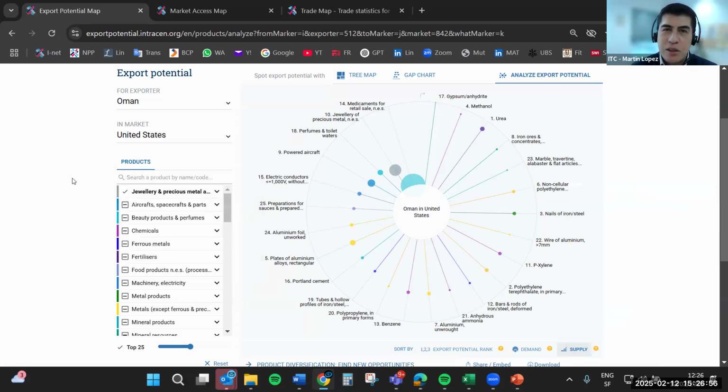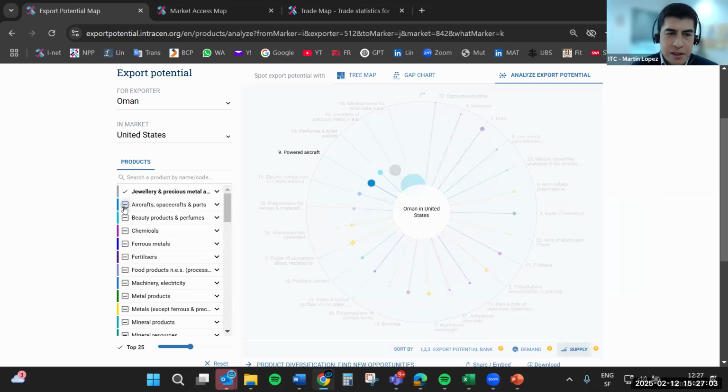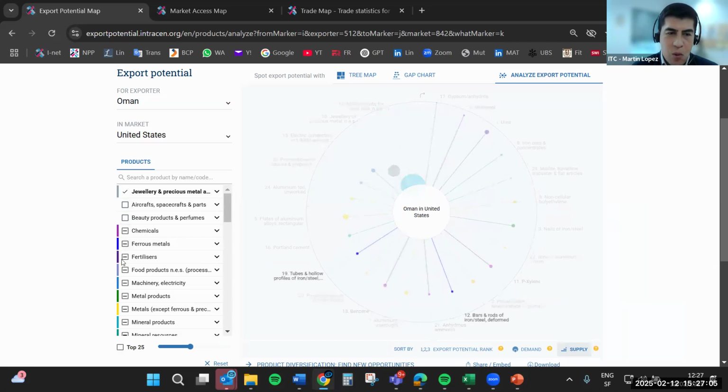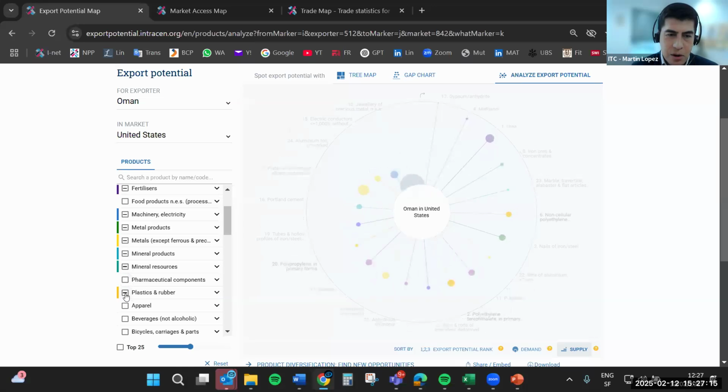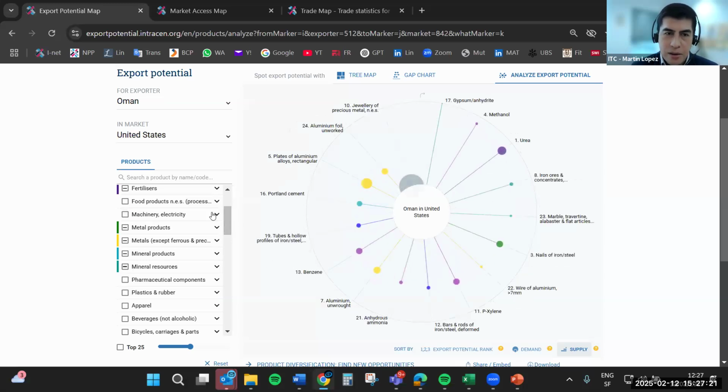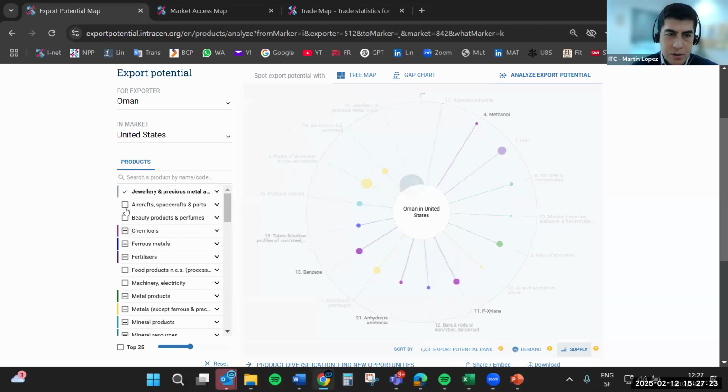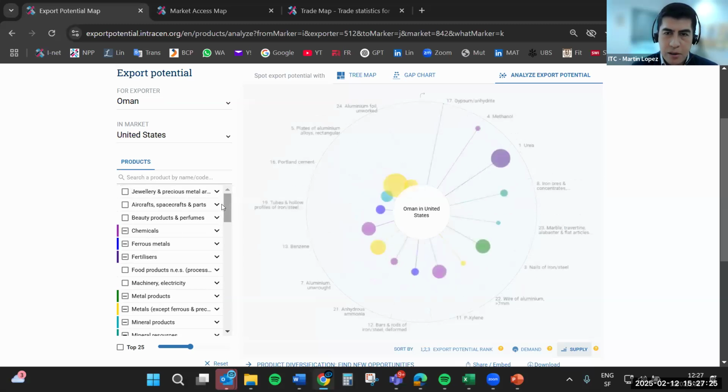Something else that you can do is to make your analysis sector specific. What if you're not really interested in beauty products or food products? You can take them out from these boxes to my left. Let's take out pharmaceutical components. Let's untick plastic. Let's untick machinery. And we can also take jewelry out.